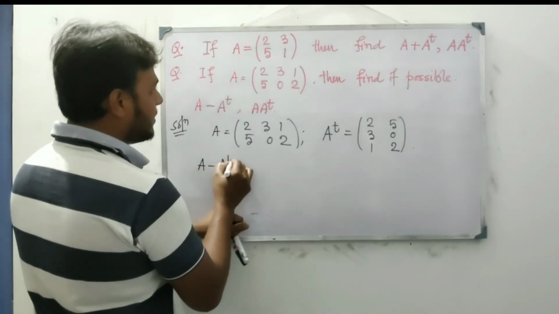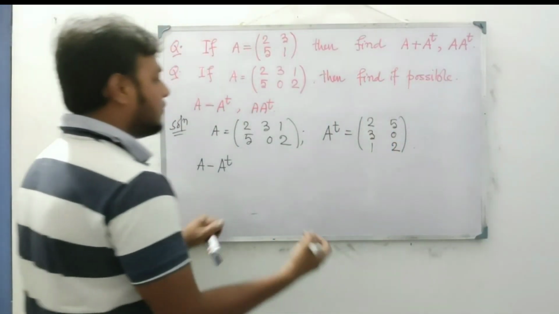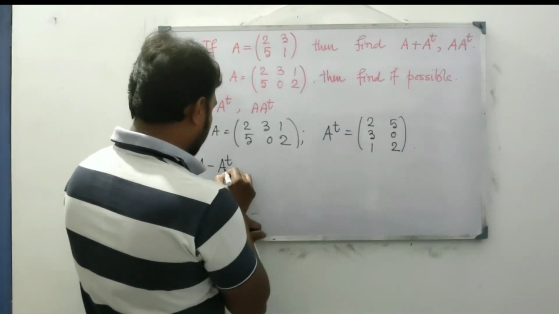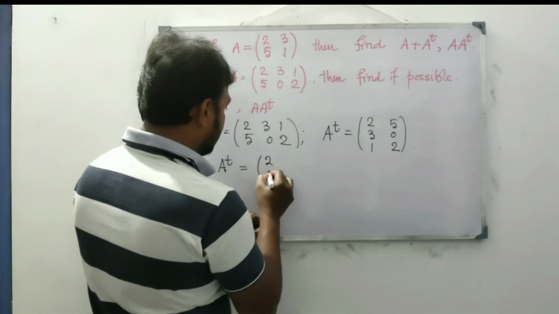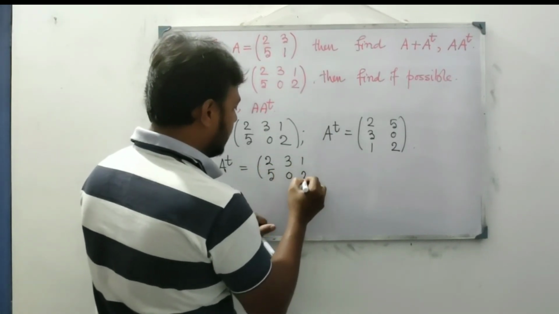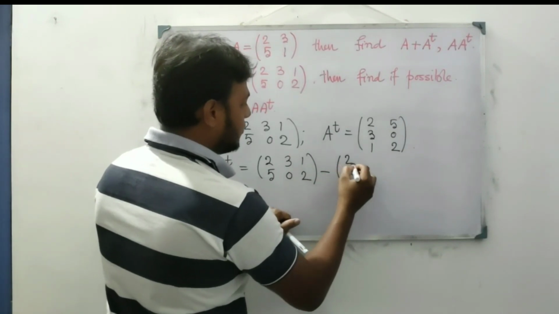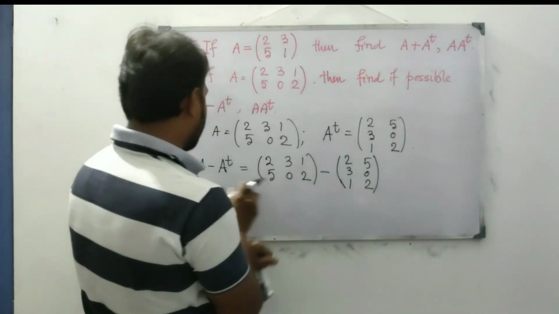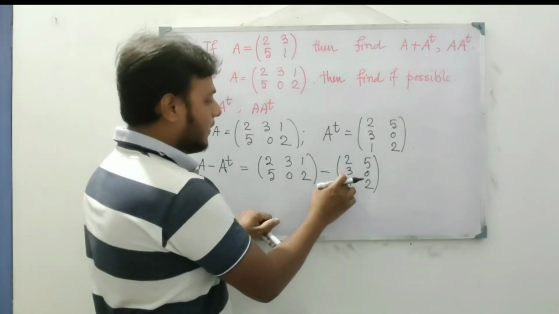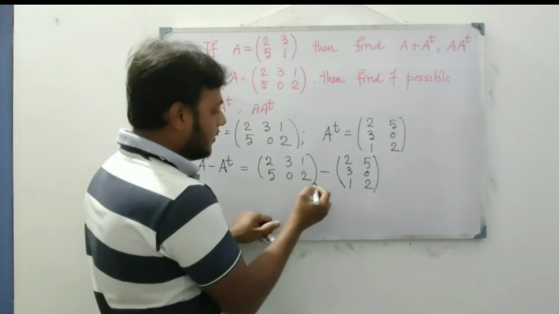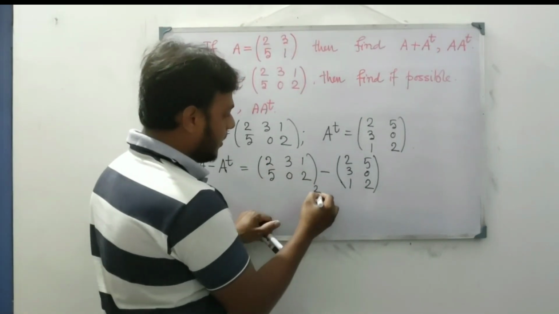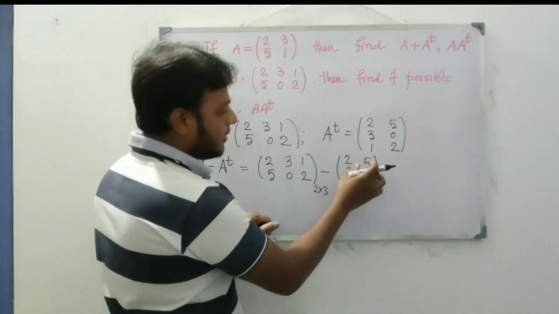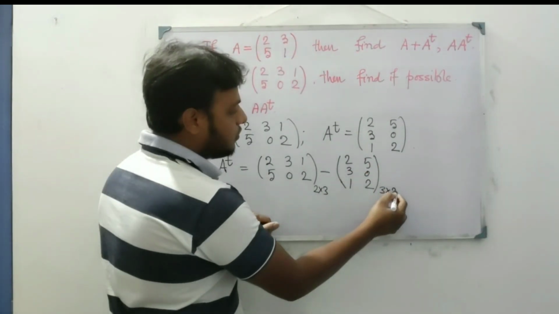To compute A minus A transpose, find out if it is possible. First you have to check the possibility for A and A transpose. Here A equals [2 3 1; 5 0 2], minus A transpose, [2 5; 3 0; 1 2]. Actually here matrix subtraction is not possible. Why? Since the first matrix has 2 rows and 3 columns, its order is 2 cross 3, and for the second matrix, the number of rows is 3 and the number of columns is 2.